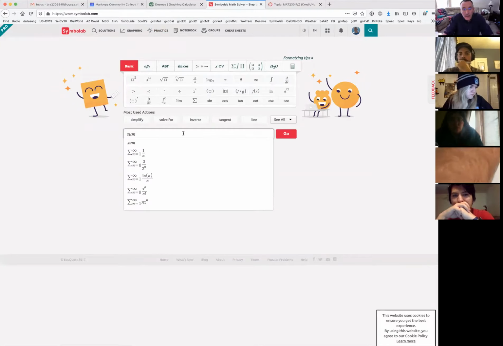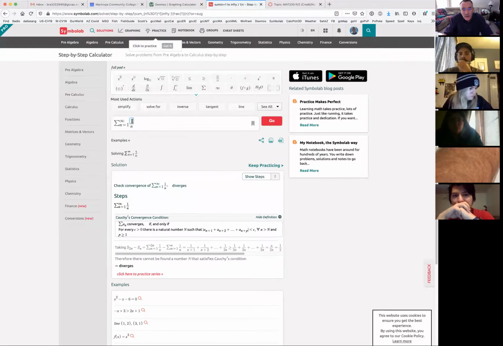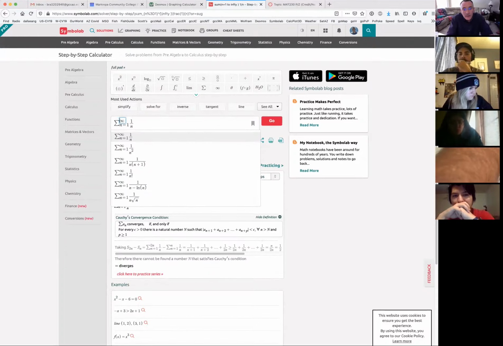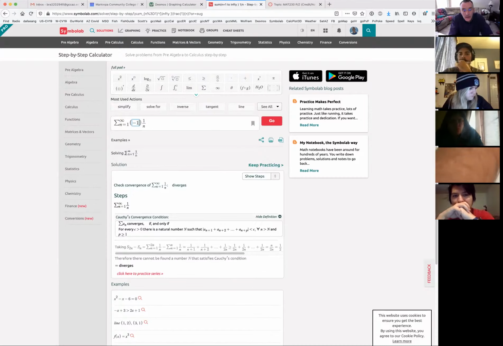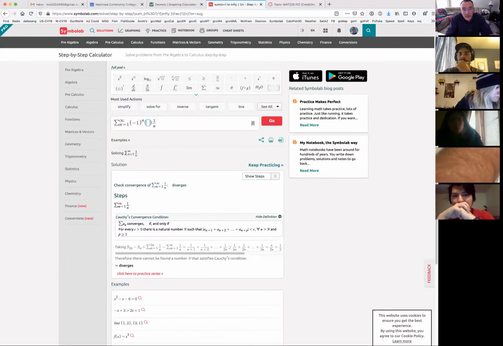Sum, and I'm just going to grab one so I don't have to type it all. I'm going to try to get right there, and say -1 to the nth power and put a parenthesis around this fraction.